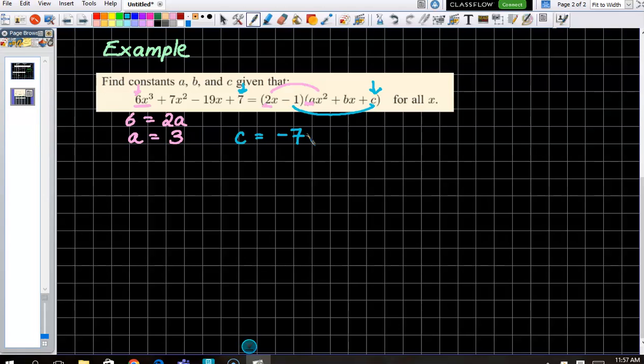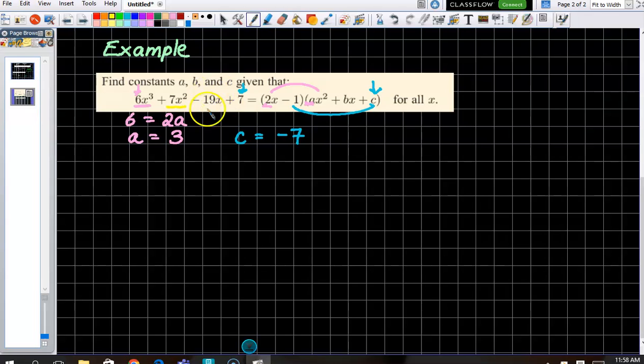So far, so good. Now we've hit a snag. Because how are you meant to get the b? Well, this is how, without having to expand the whole shebang. On the left-hand side, I've used the 6x cubed to get the a, I've used the 7 to get the c, so I'm just going to now look at the next one, right?